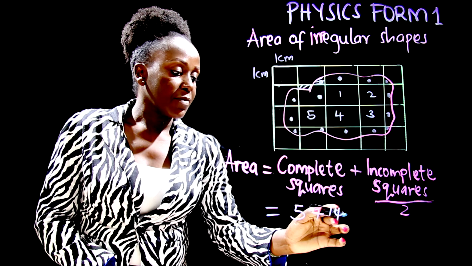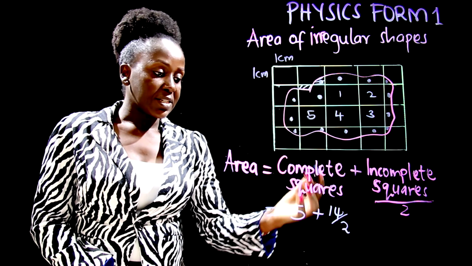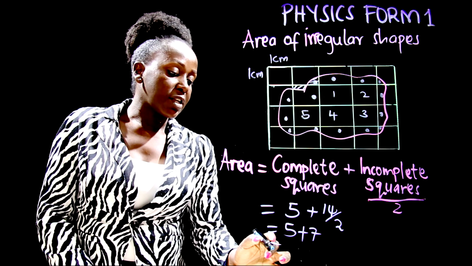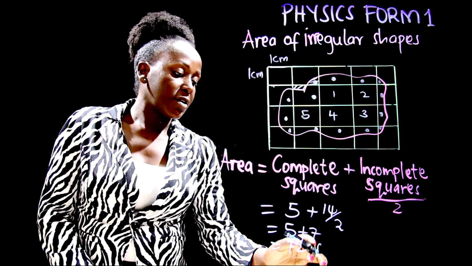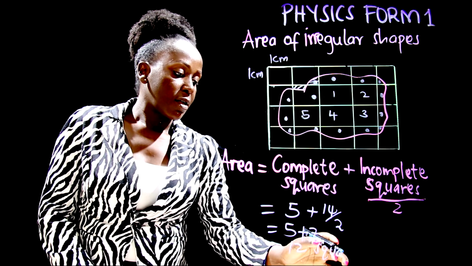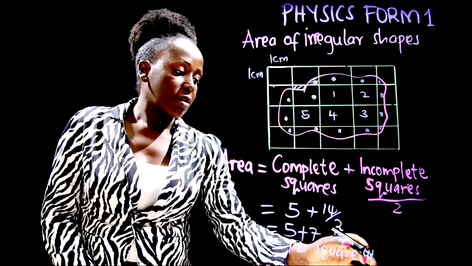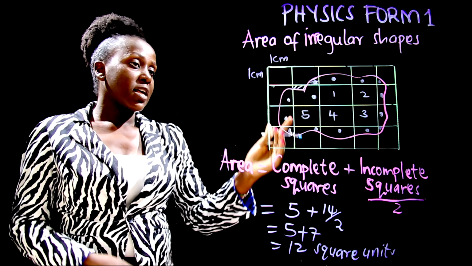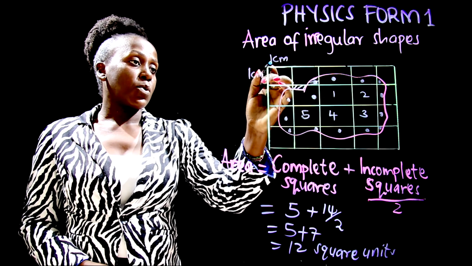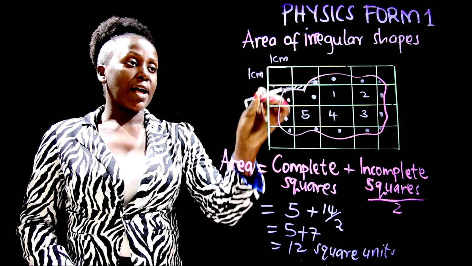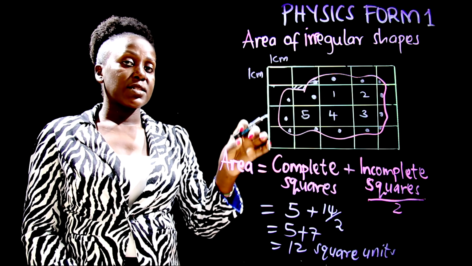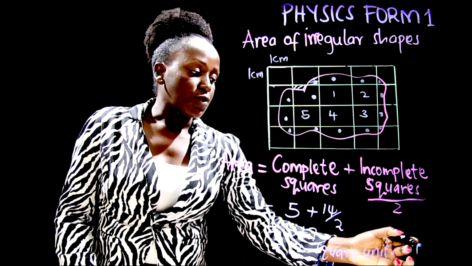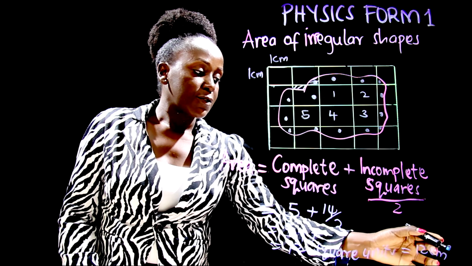So 14 divided by 2, which is 7. So this will be equal to 5 plus 7, which is equal to 12 square units. And since we had said that our units are 1 centimeter by 1 centimeter, which makes up 1 centimeter squared, then our area will be equal to 12 centimeter squared.